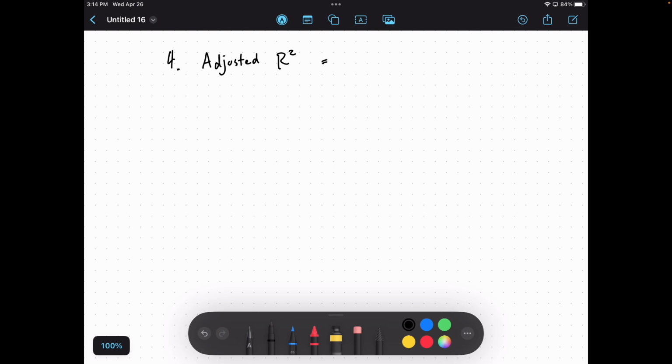So this is equal to 1 minus RSS over TSS. This part of it is exactly the same as before, but now we have an extra term here.